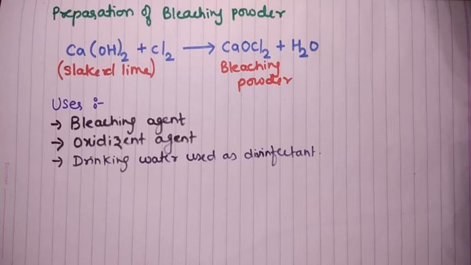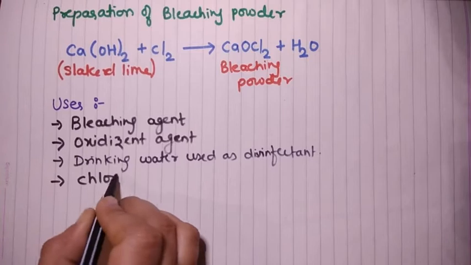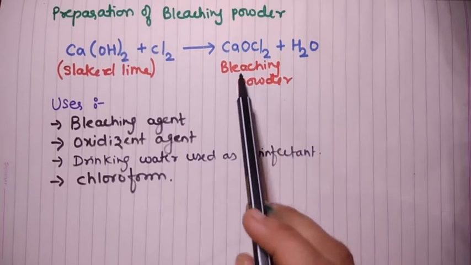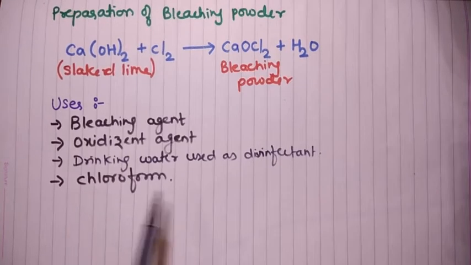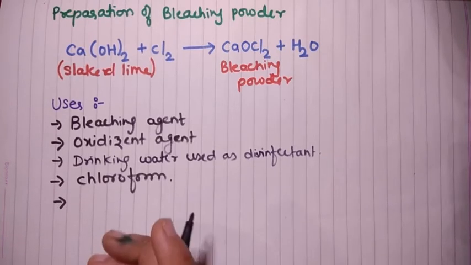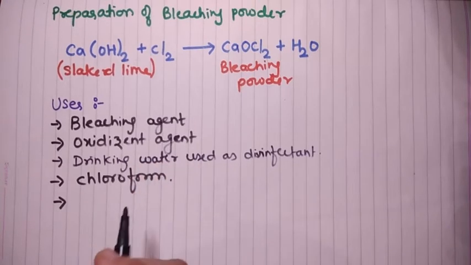Also it is used in the preparation of chloroform. So here you can see that a chemical is obtained from bleaching powder, that is chloroform. Next is for bleaching washed clothes in laundry. I have told you that for giving whiteness to the cloth it is widely used.